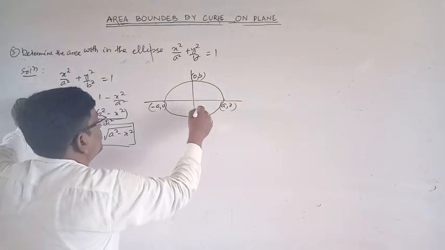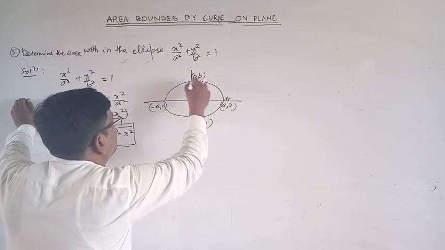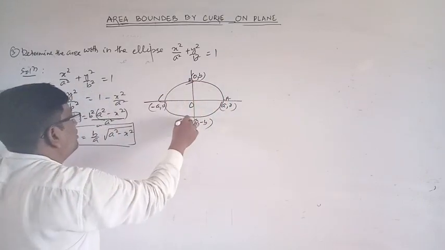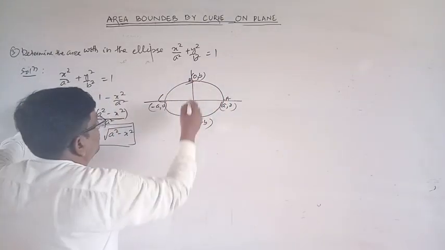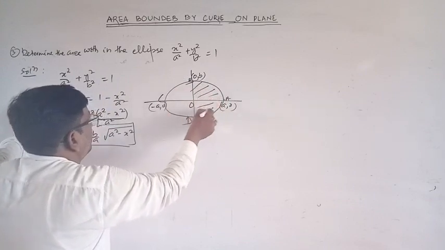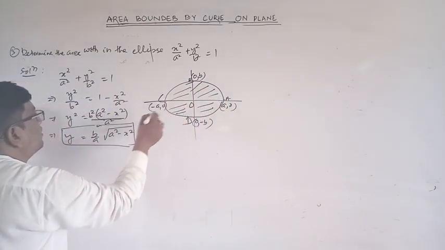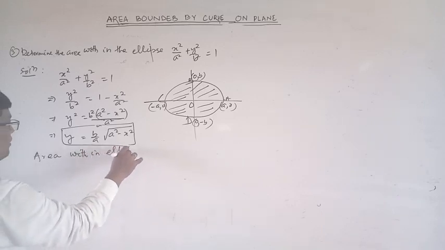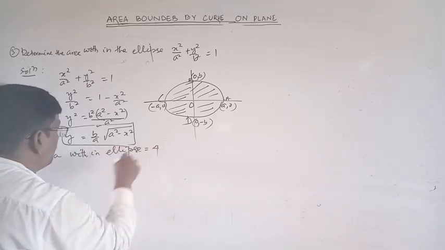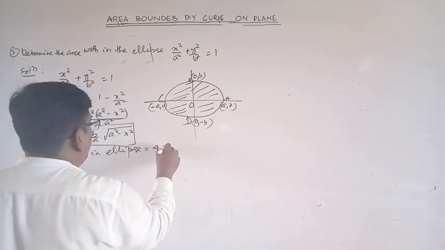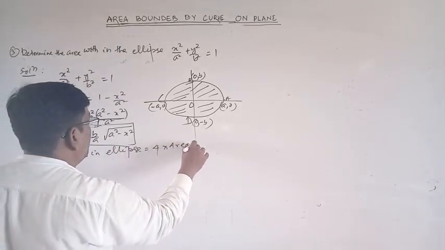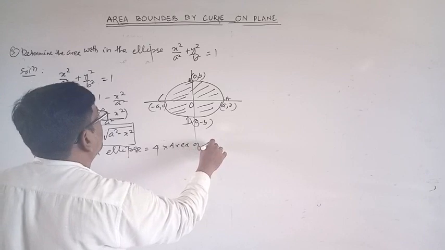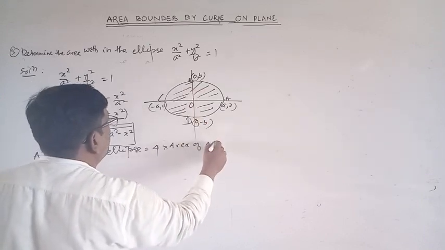Suppose this is O, A, B, C, D. So the total area of the shaded region, that is the area within the ellipse, is equal to 4 times the area of OAB.